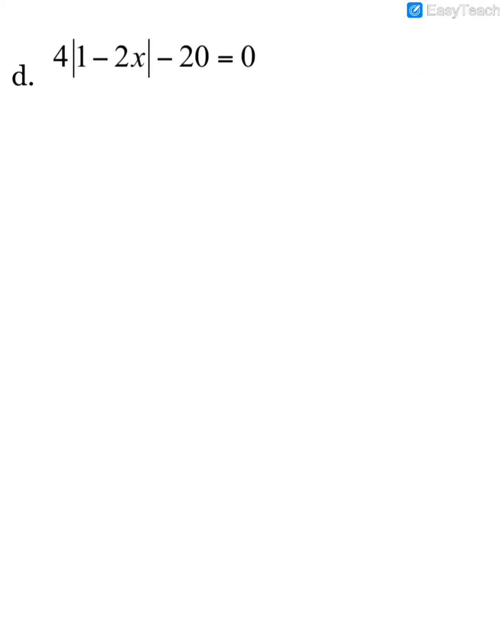All right, let's try one more absolute value equation. Remember the first step is to get whatever is in absolute value by itself on one side of the equation. So this is what's in the absolute value, and I want to get it by itself. I'm going to add 20 to both sides first, and I have 4 times the absolute value of 1 minus 2x equals 20.